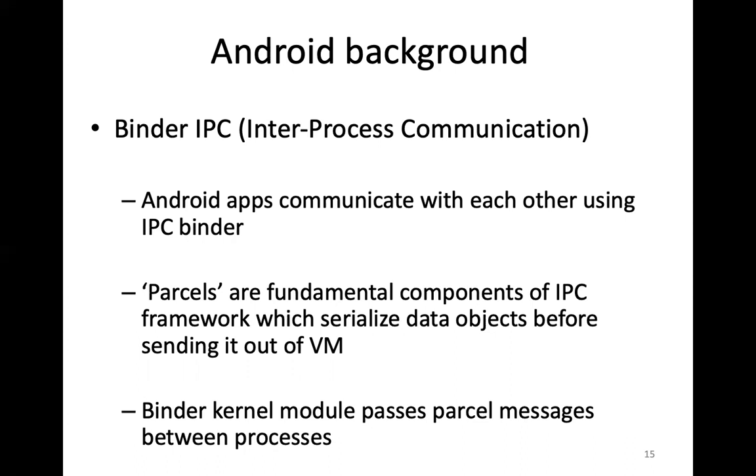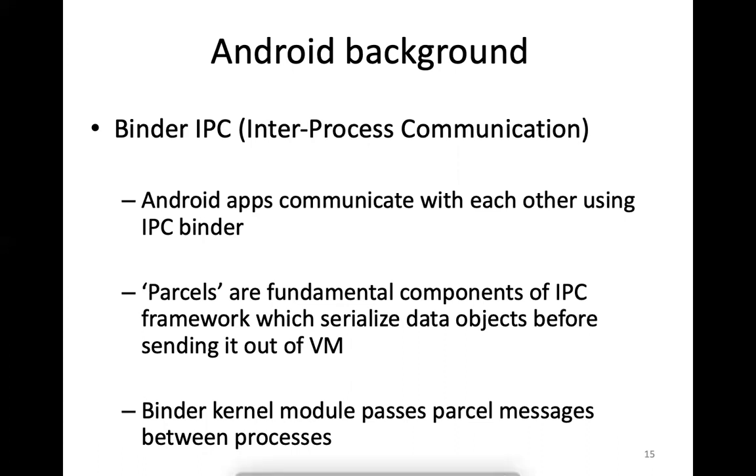You can think of it like JSON, but a similar format. And the parcels are passed between the processes. So the kernel is responsible for passing this between processes. Each process runs the virtual machine for the corresponding application.